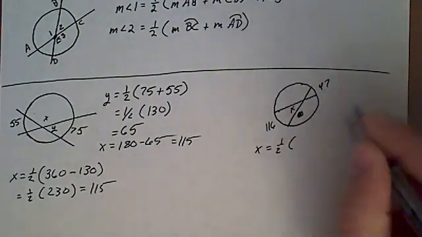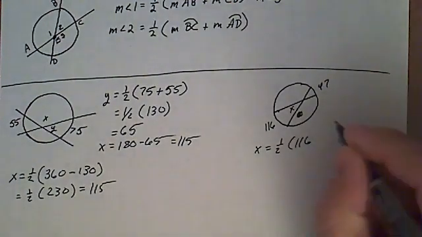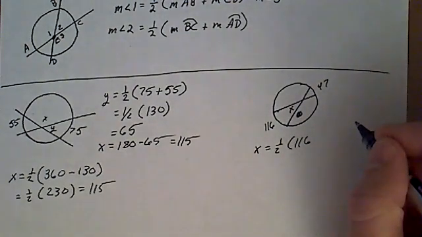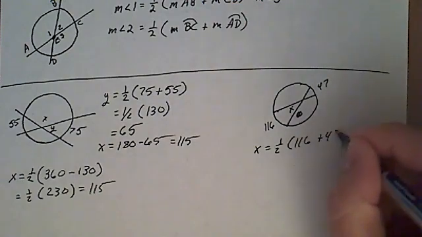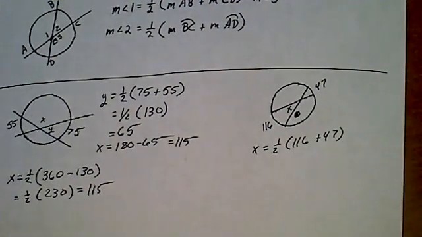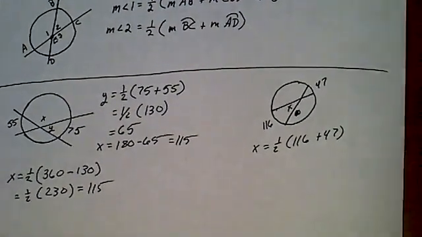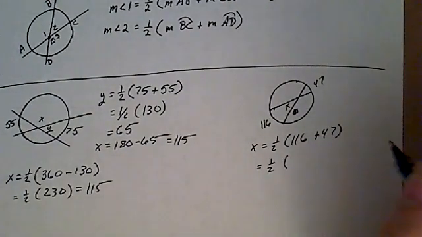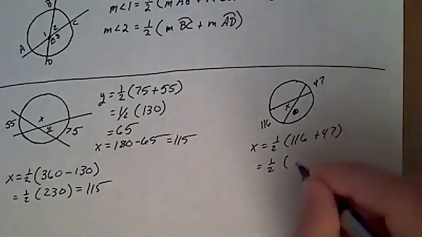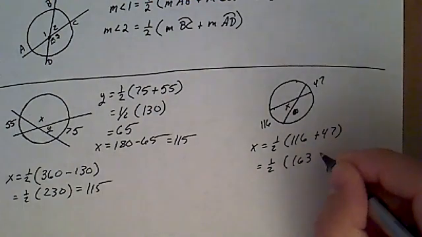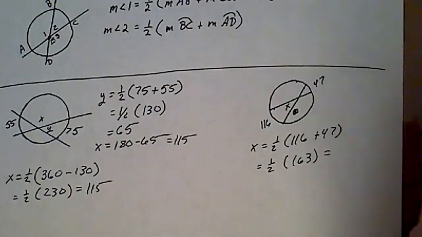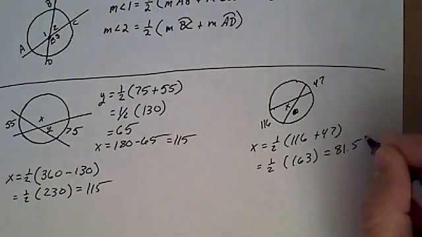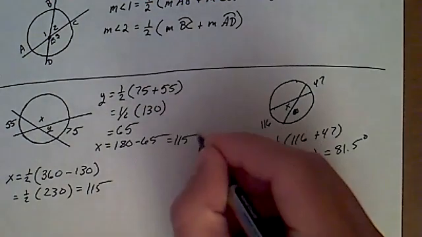X is 1/2 the sum of its intercepted arc and the intercepted arc of its vertical angle, 163, which is 81.5. I should probably have degrees there.